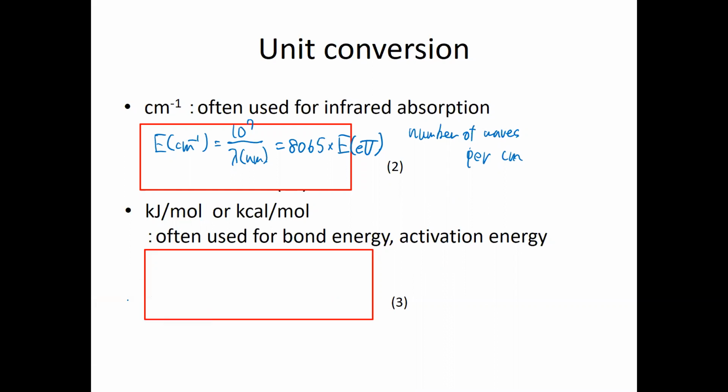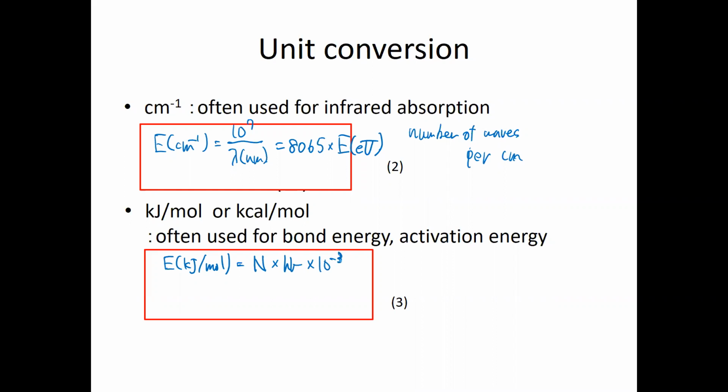So the number can be kilojoule per mole equals N times h nu times 10 to the minus 3, because it is in kilojoules.